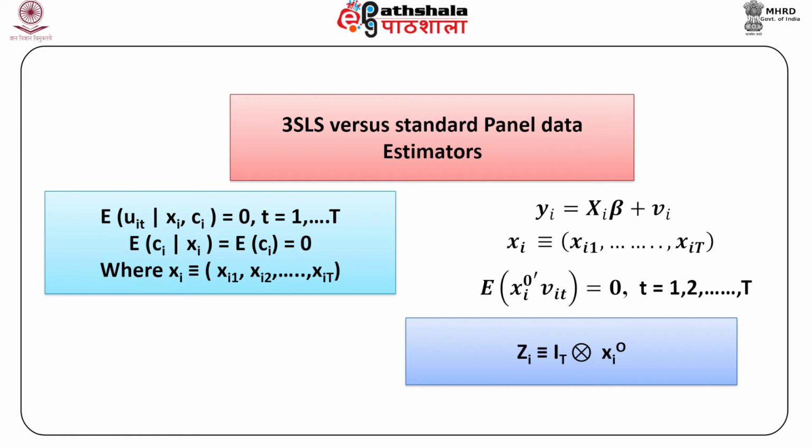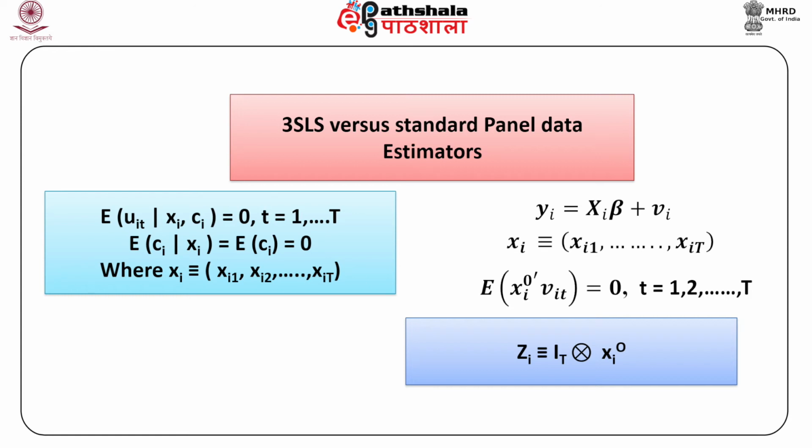The above stated assumption of the random effects model says that x_is is uncorrelated with v_it for all s and t. In fact, any function of x_i1 to x_iT is uncorrelated with v_it for all t. But we will only use the x_i themselves. Let's now denote x_i^0 as the row vector of non-redundant elements of x_i, so that any time constant element appears only once in x_i^0.